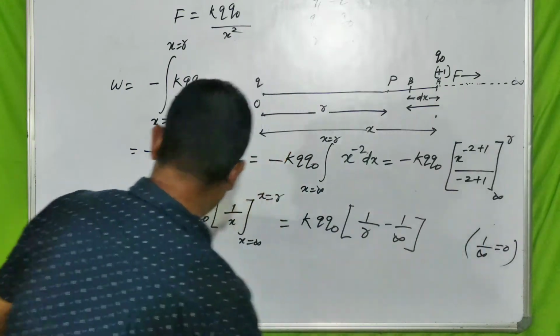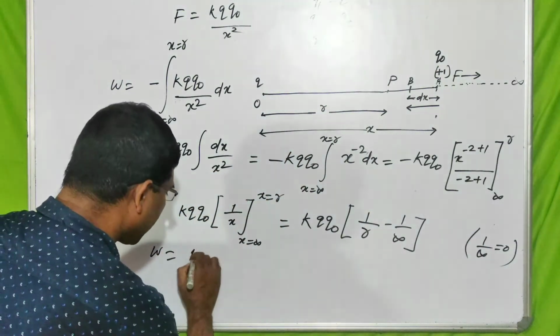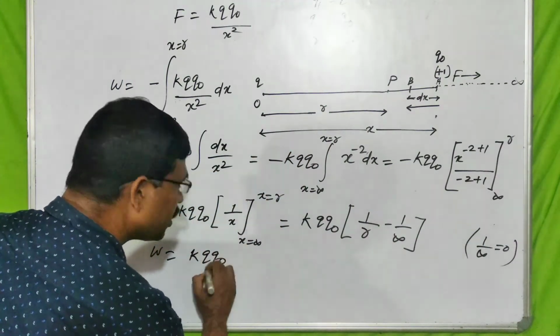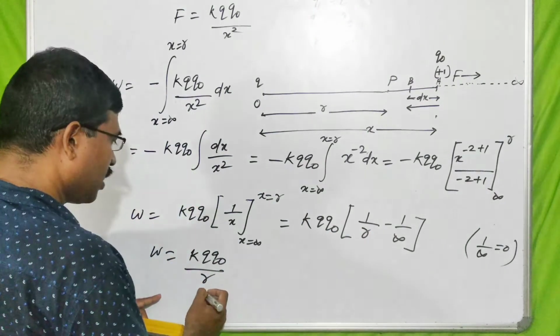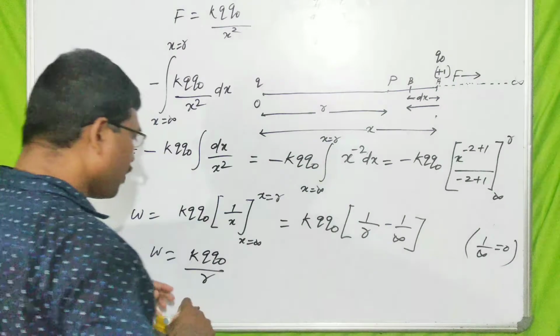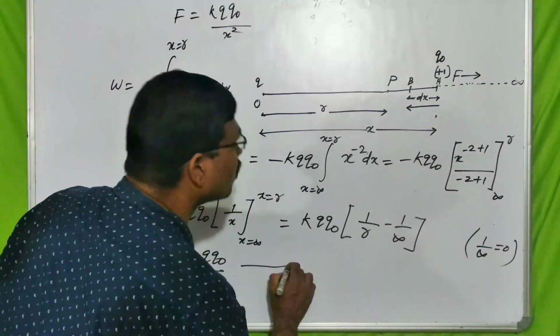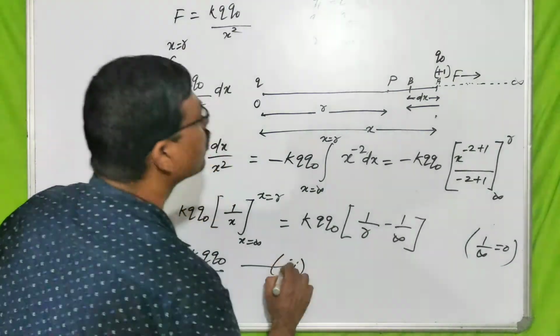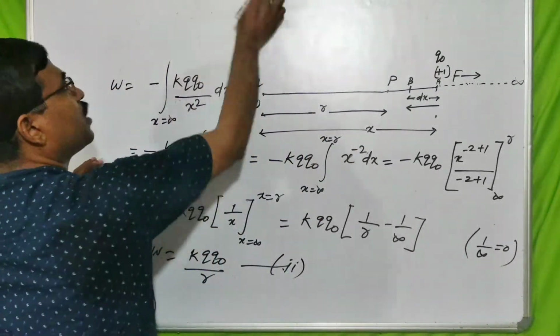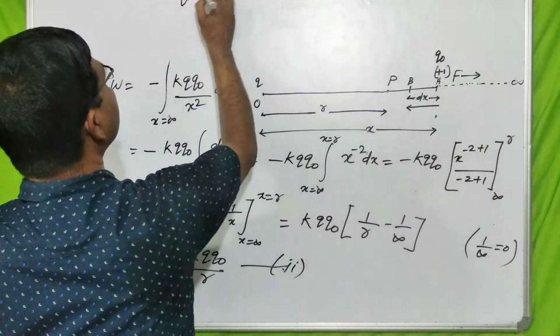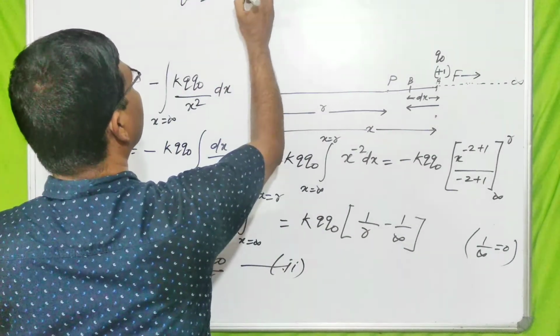So what you got? W is equal to k q naught by r. You got this one. Suppose it is equation 2. Now you have to calculate V. So V is equal to W by Q naught.